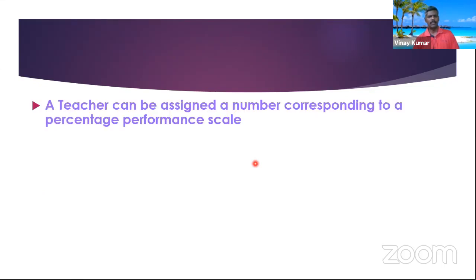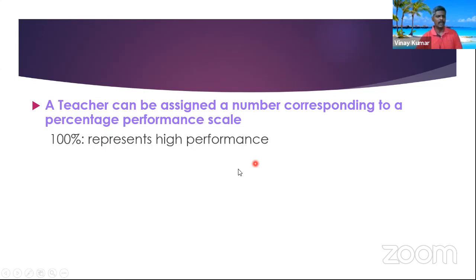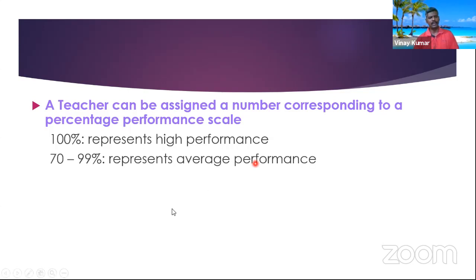Let us try to understand with one more example. A teacher can be assigned a number corresponding to a percentage performance scale. So we are trying to measure the performance of a teacher here. So the teacher becomes the subject here and his or her performance becomes the attribute here. So we can assign, for example, 100%, which represents high performance, and we can assign 70 to 99%, which represents average performance.